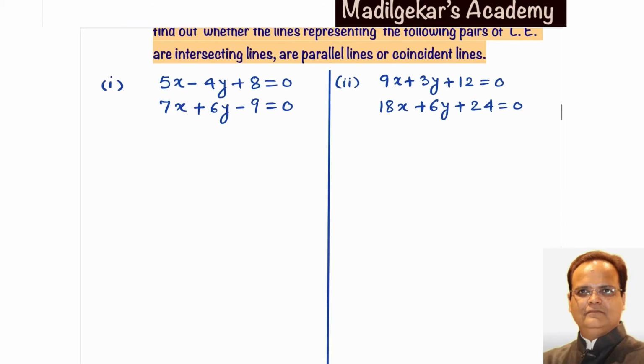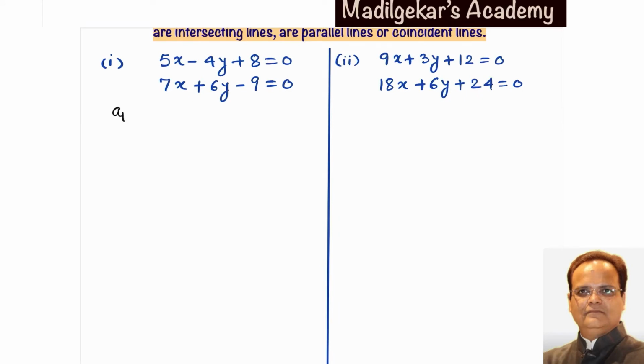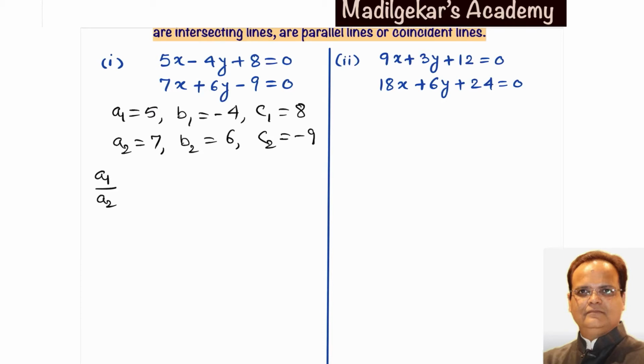In this, a1 is 5, b1 is -4, c1 is 8, whereas a2 is 7, b2 is 6, and c2 is -9. a1 upon a2 is 5 upon 7, b1 upon b2 is -4 upon 6, means -2 by 3.